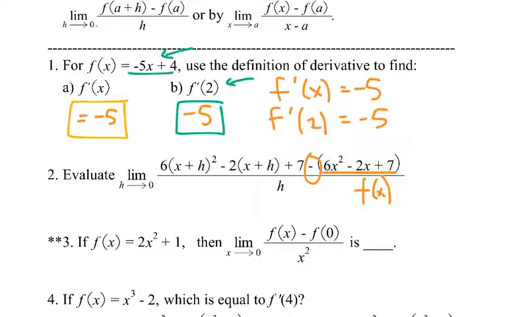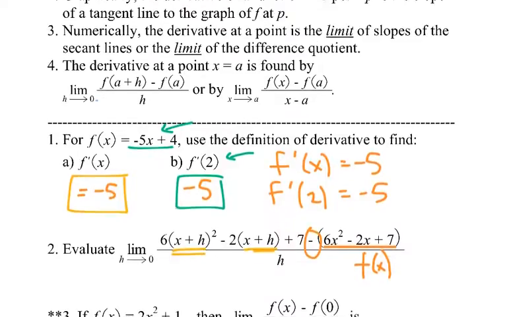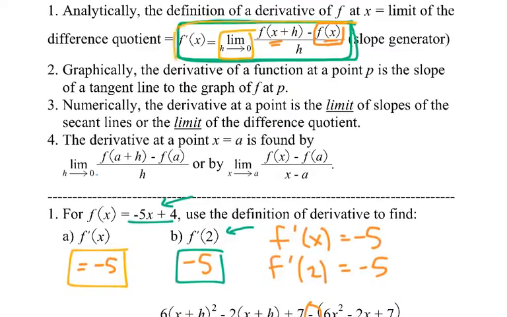And then this has a really similar structure. We have 6x squared, but instead of x squared we have x plus h squared. We have minus 2x, except here we have minus 2 times x plus h. And then the 7 doesn't have an x, so that's why we don't see an x plus h. So this is this function, or this equation.